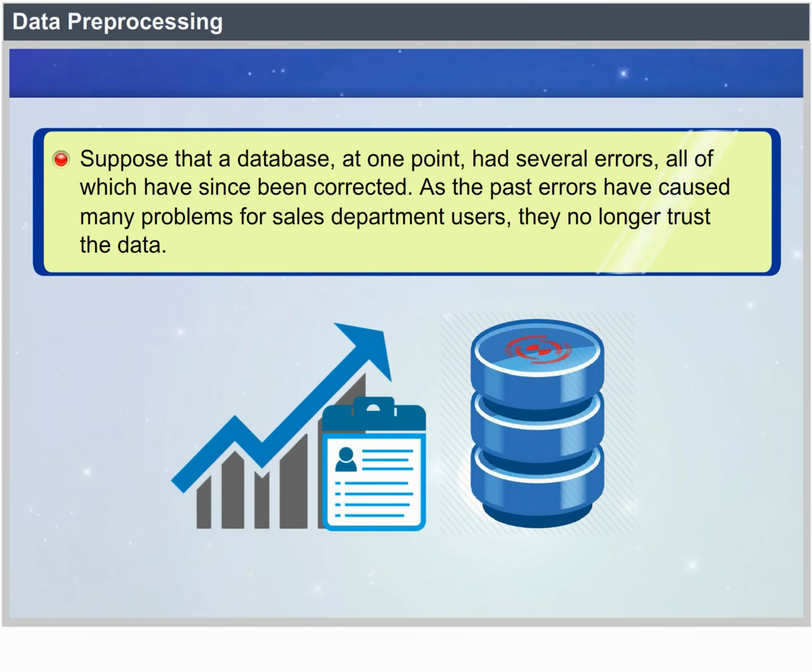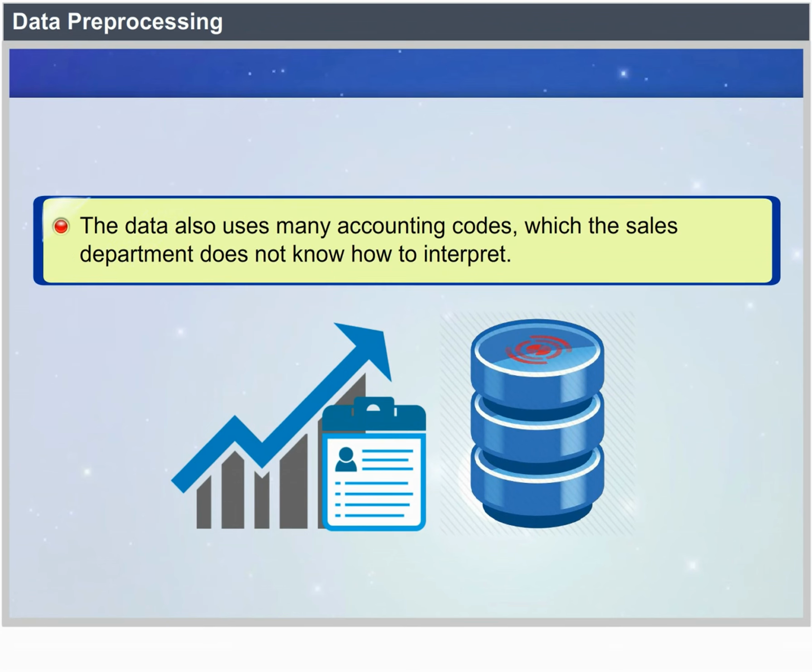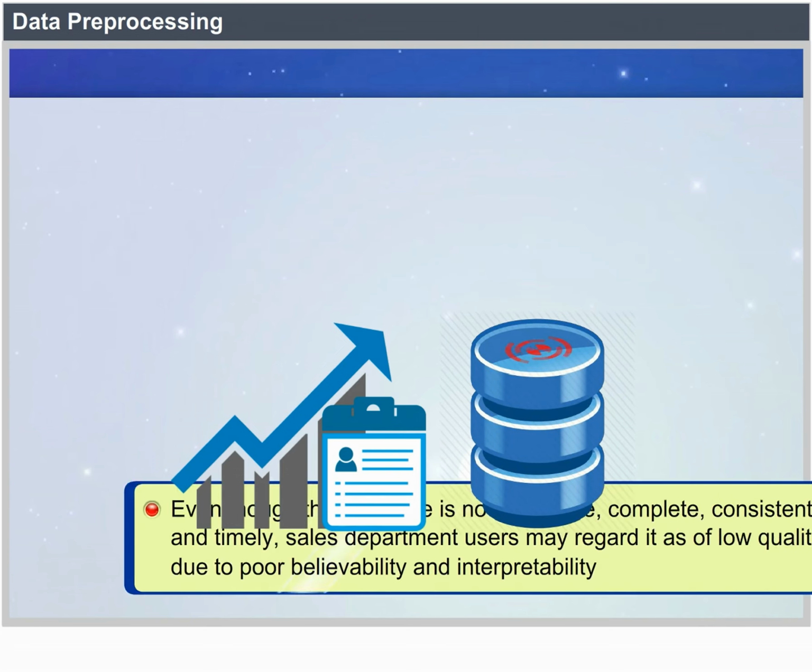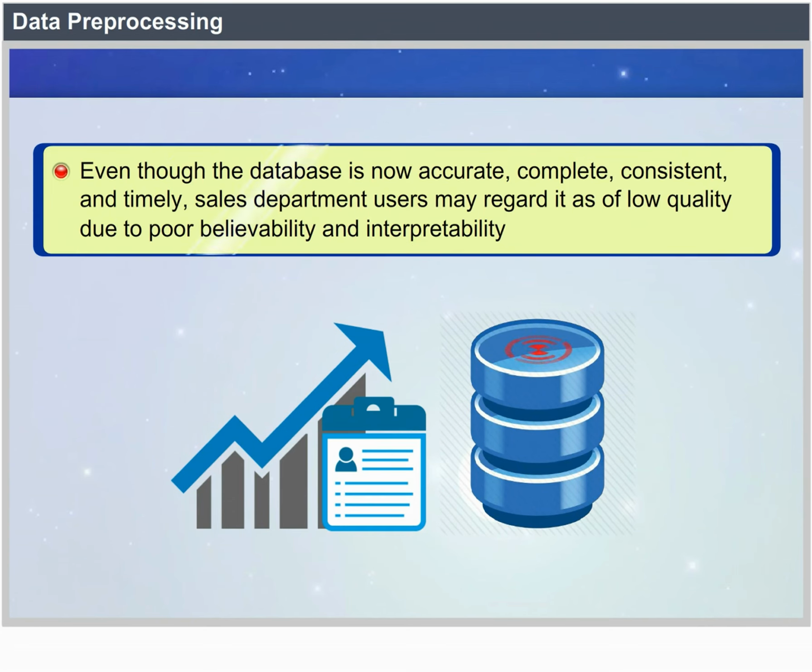The past errors, however, had caused many problems for sales department users, and so they no longer trust the data. The data also may use many accounting codes which the sales department does not know how to interpret. Even though the database is now accurate, complete, consistent, and timely, sales department users may regard it as of low quality due to poor believability and interpretability.